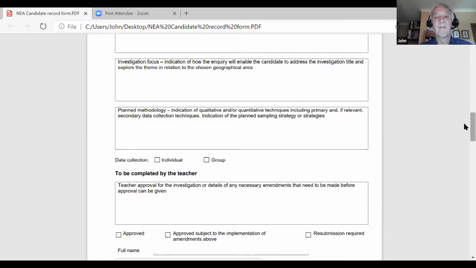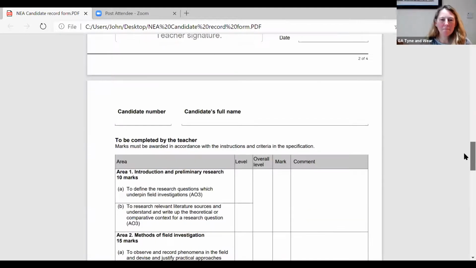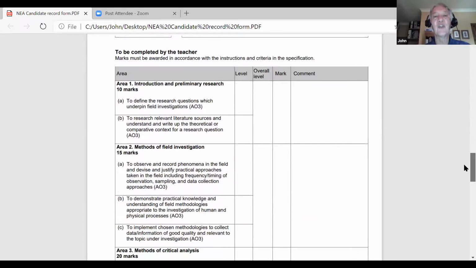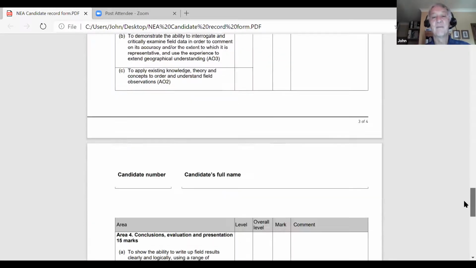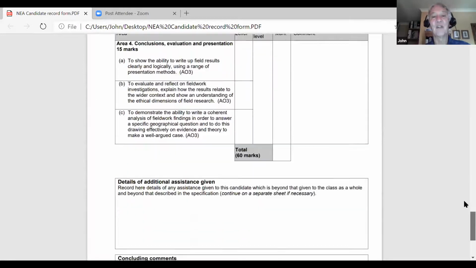Yeah. And then your teacher writes at the bottom and says what's good and bad about it and approves it or doesn't approve it. You'll notice that it goes on to a 3rd page, or a 3rd and 4th page, with the teacher marking it.